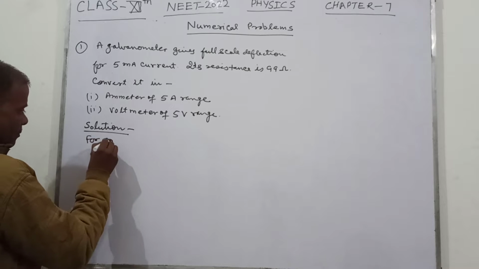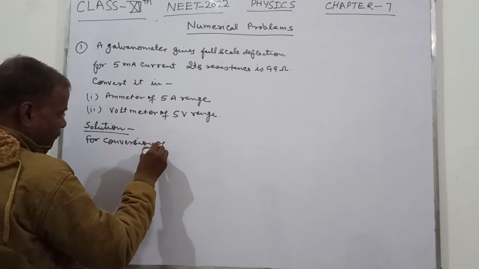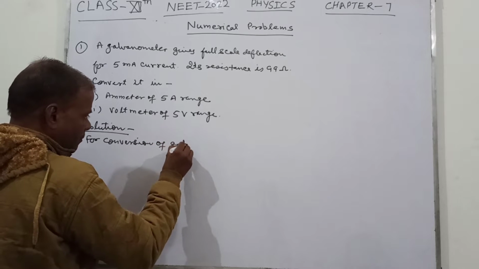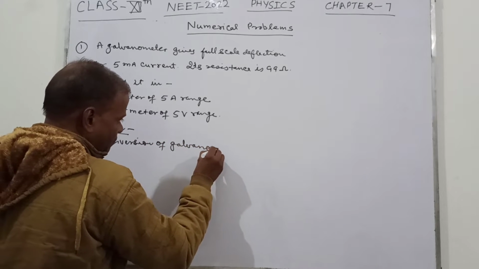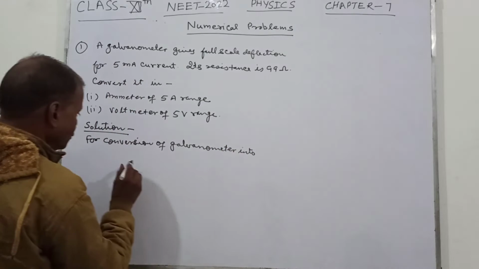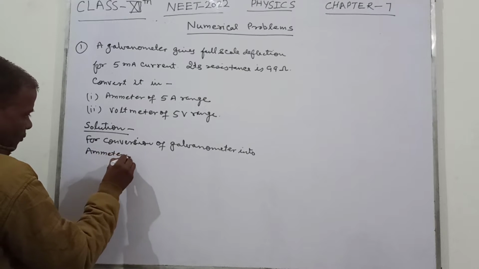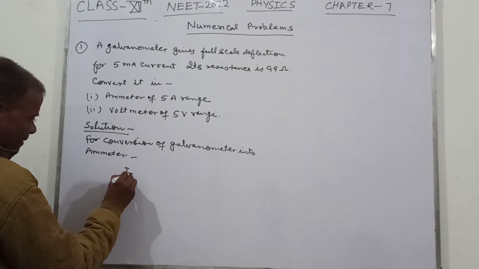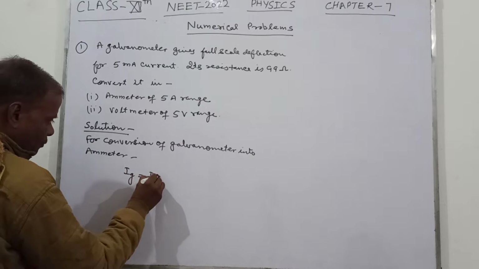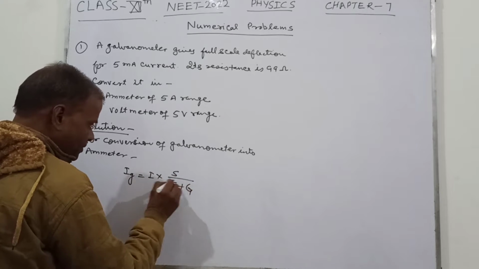For conversion of galvanometer into ammeter, we have the current Ig equal to I into S upon S plus G. This is the formula.